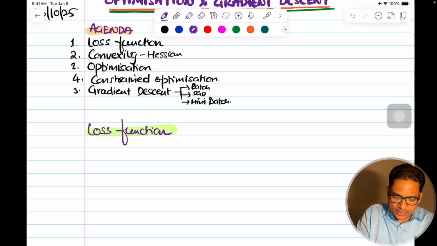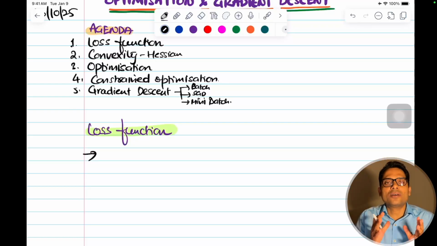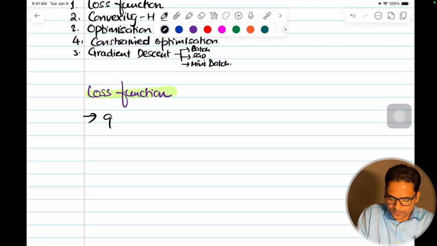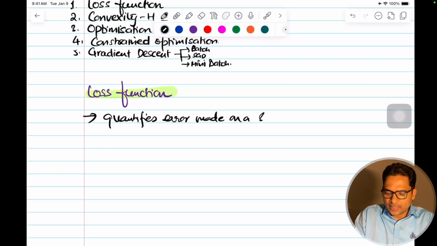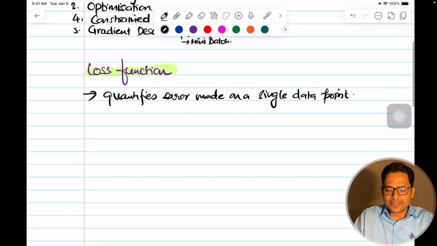So loss function is nothing but how to quantify the error or the mistake made by the model on a single data point. And all this I will discuss within the context of regression.